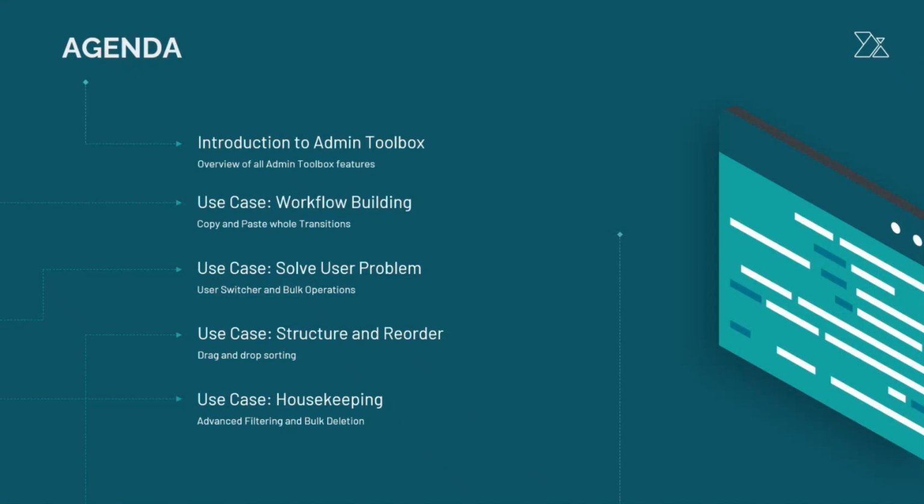So the agenda for today is first a short introduction, and then the use cases that are followed in this order by having a look at the workflow building, solving user problems by using the user switcher. We have a look at the structure and reordering feature that Admin Toolbox provides, as well as we end with a housekeeping scenario to keep your instance clean.